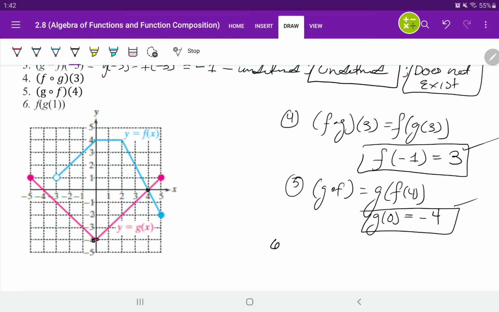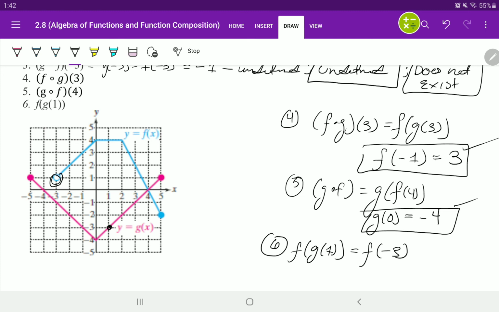Now for 6, we want to find f of g of 1. g of 1, in this case, is going to be negative 3. So now we have f of negative 3.